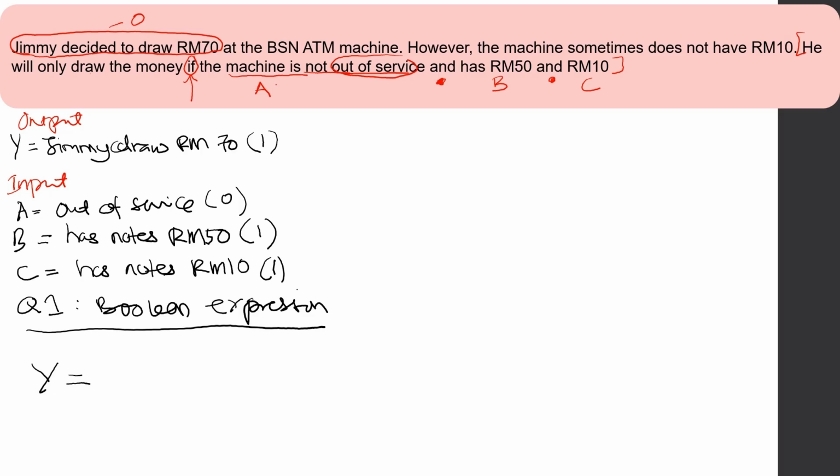Now it depends on the input: input A not dot B dot C. So Y equals A not dot B dot C. Okay, simple. Now let's go to question number 2.